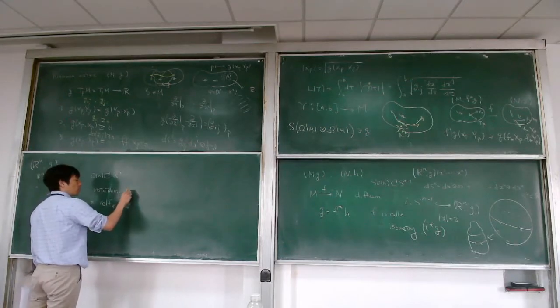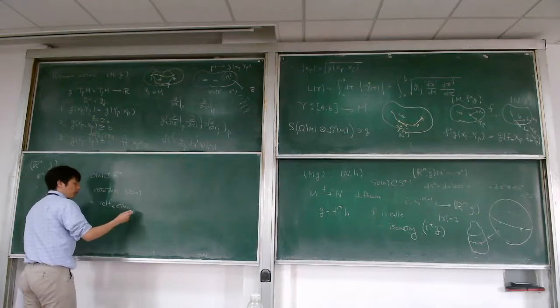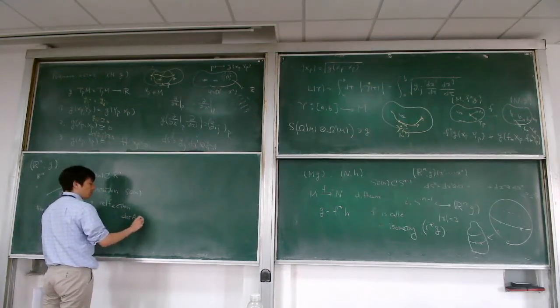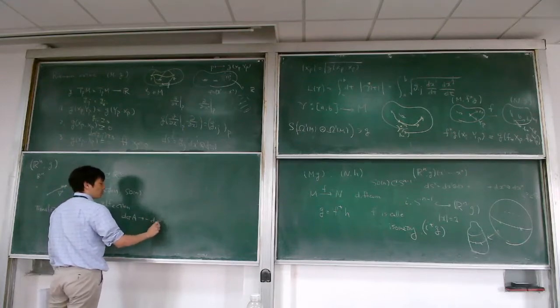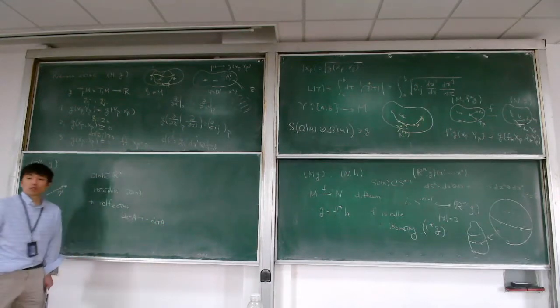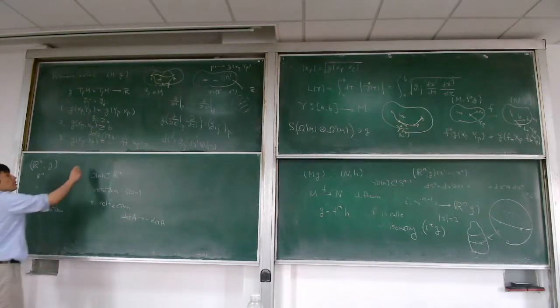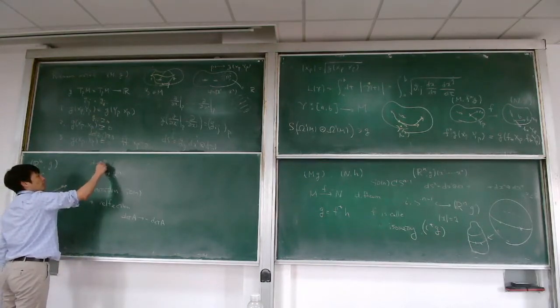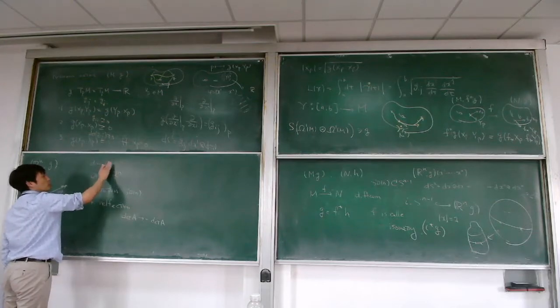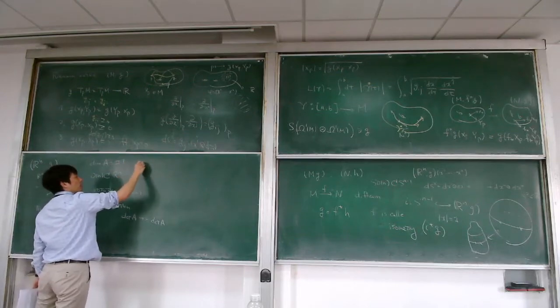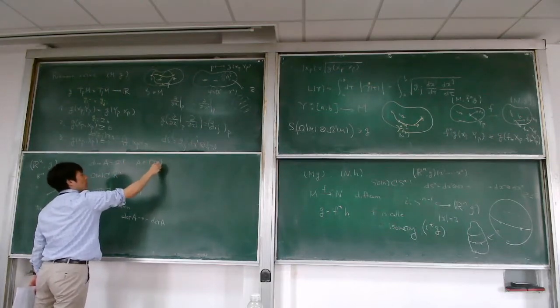So this is SO(n), and then here you have the determinant flip. The determinant of the matrix is minus the determinant. The determinant of an element A can be plus or minus 1 when A is an element of O(n).